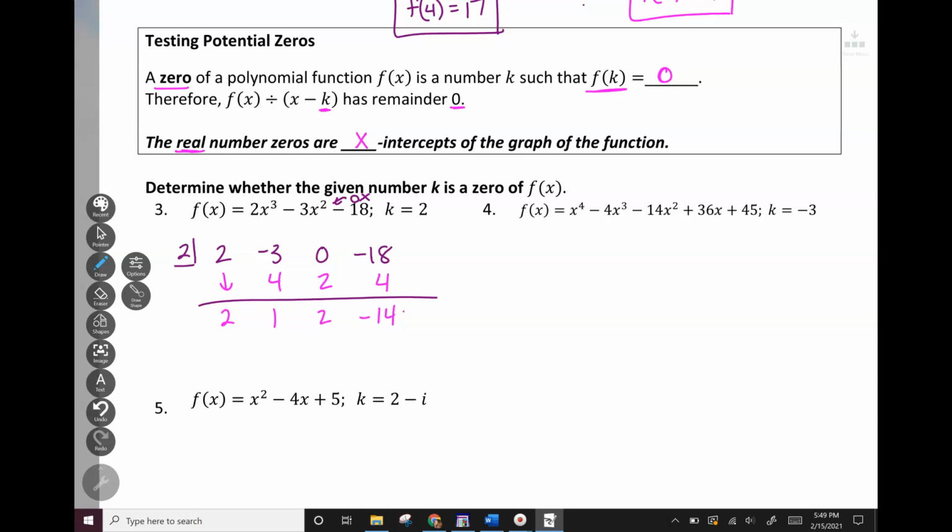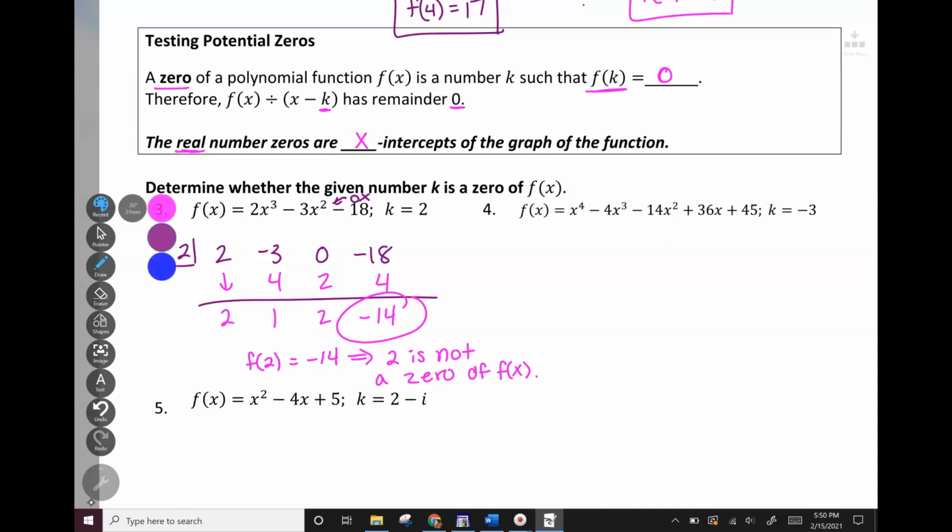All right, my remainder is -14. So f of 2 is -14, which means that 2 is not a 0. Right, because the y value is -14, which means it's not on the x-intercept, clearly.